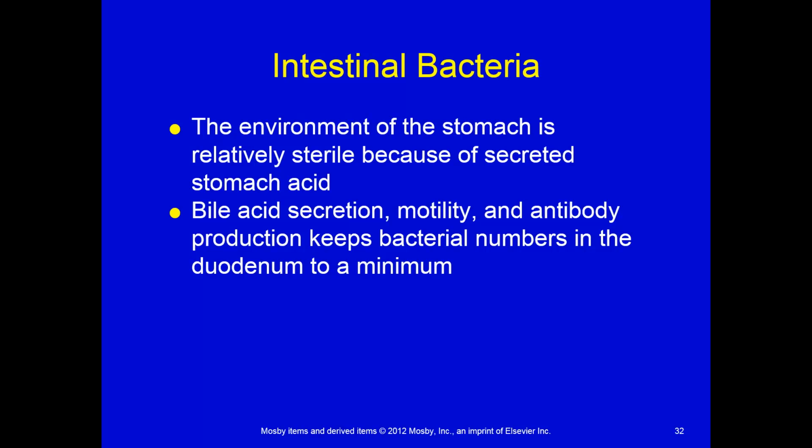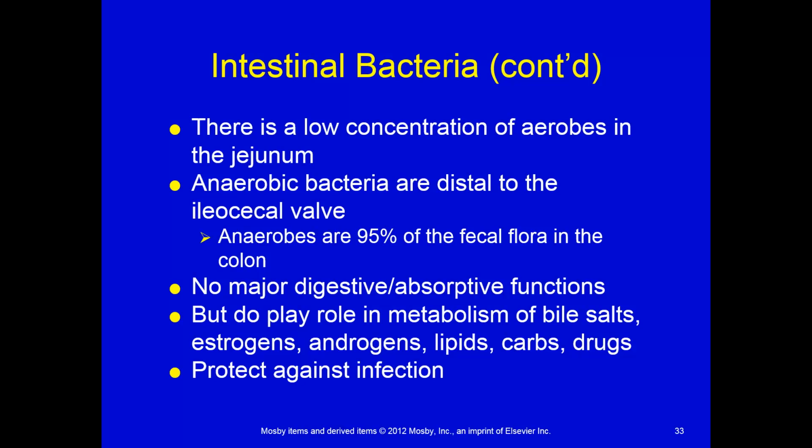So bile acid secretion, motility, and antibody production keep bacteria numbers in the duodenum pretty low, but there's also a low concentration of aerobes in the jejunum, but really where you start to see that normal GI flora is distal to the ileocecal valve. So when we talk about normal flora of the gut, we really are usually talking about just the colon, the large intestine.